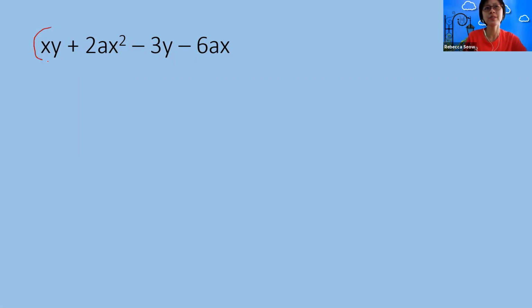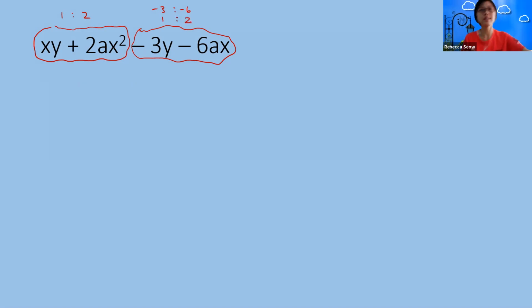So if we were to group this, what's the ratio between our coefficients? We'll have 1 to 2, and the next one will be minus 3 to minus 6. If we simplify it, it's 1 to 2 as well. So it looks like we could group it this way. Let's put a bracket around them.